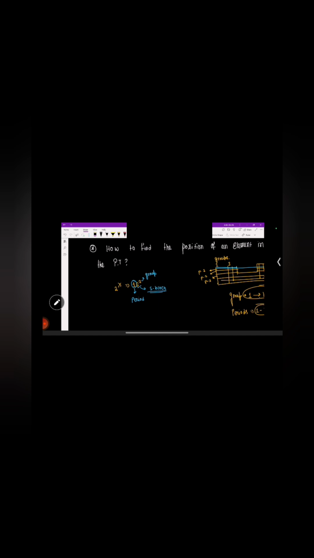Let's try it again. Let's keep the identity of the atom as X. Let's consider the atomic number as 12. An atom has atomic number 12. So how will you go for the electronic configuration? Definitely 1s2, 2s2, 2p6, 3s2.